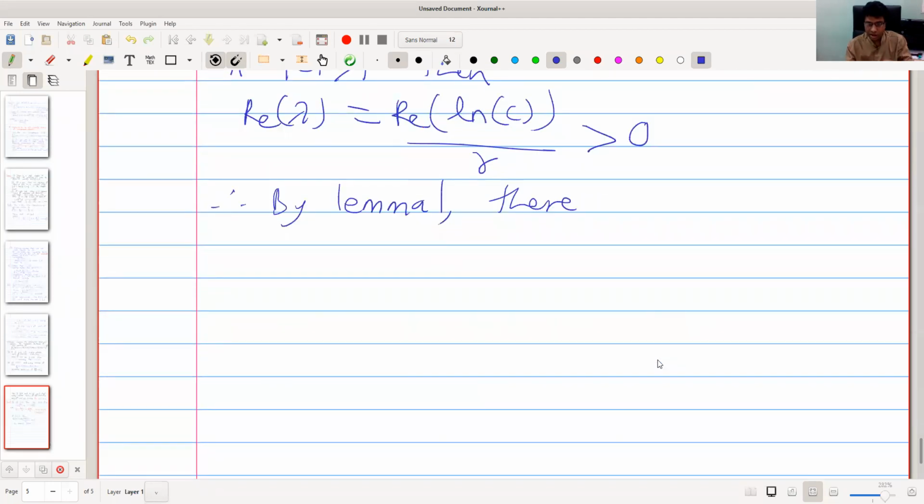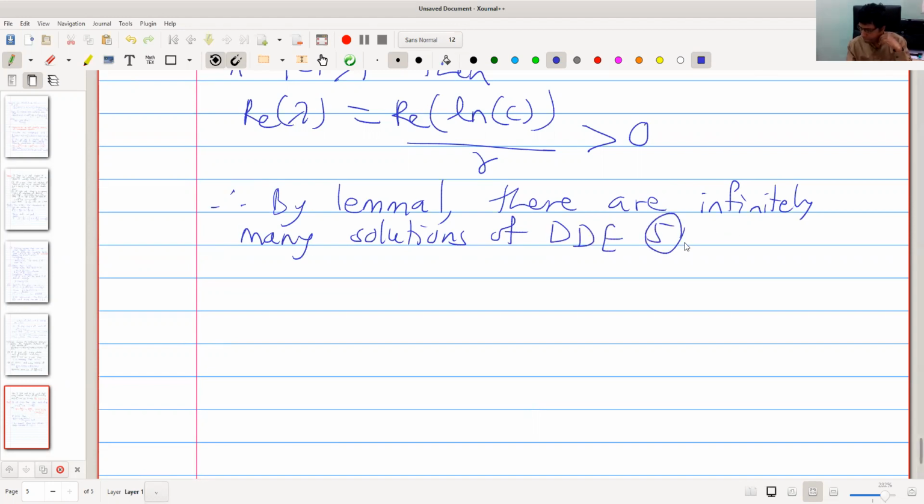Okay, so we can have such a sequence. There are infinitely many solutions of the delay differential equation phi which approach infinity, means unbounded.